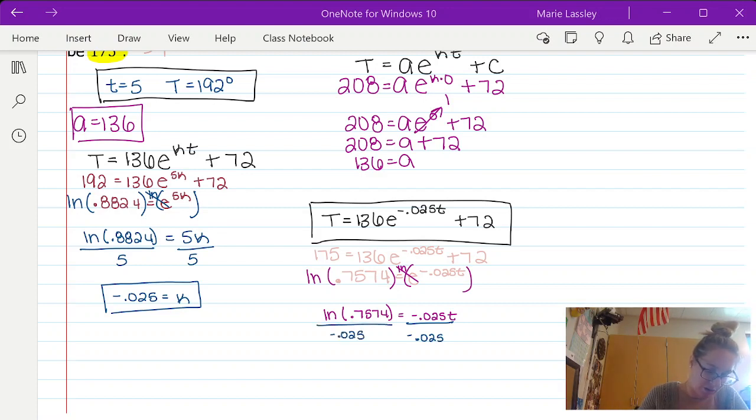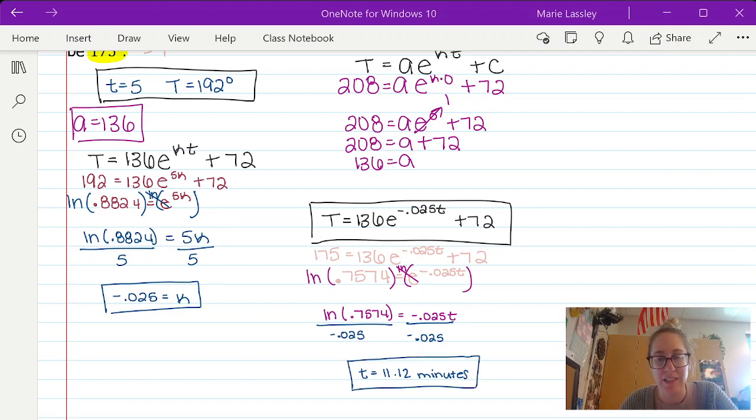So natural log of that answer divided by negative 0.025. Enter, and we get t equals 11.12 minutes. And there's our answer.